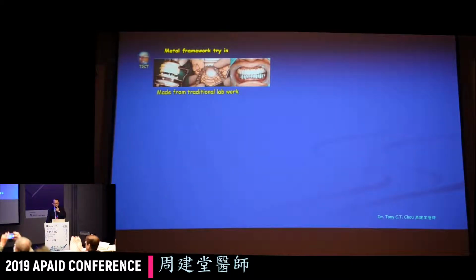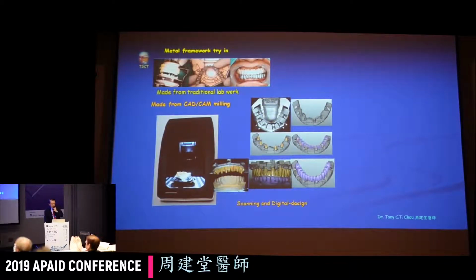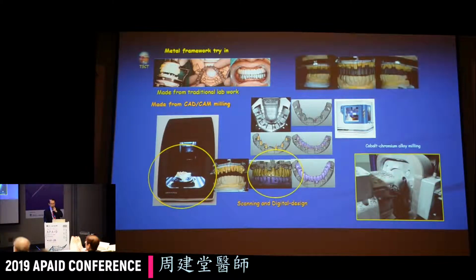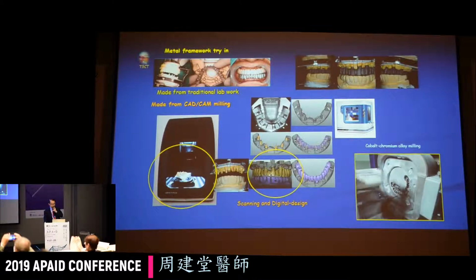Now we can also make the metal framework by CAD scanning and digital design, just like I mentioned for the provisional, but we use the CAD machine.